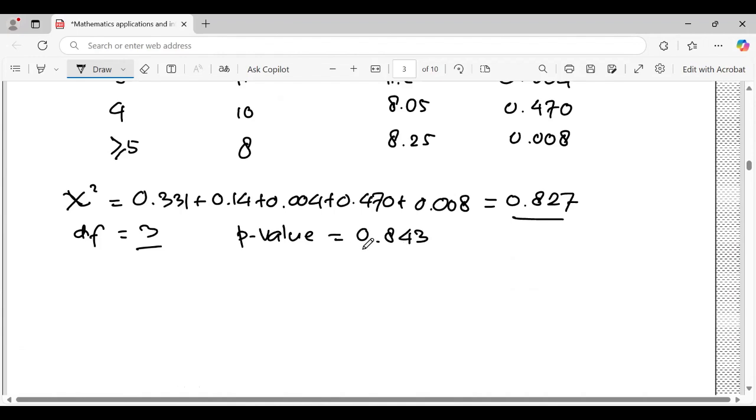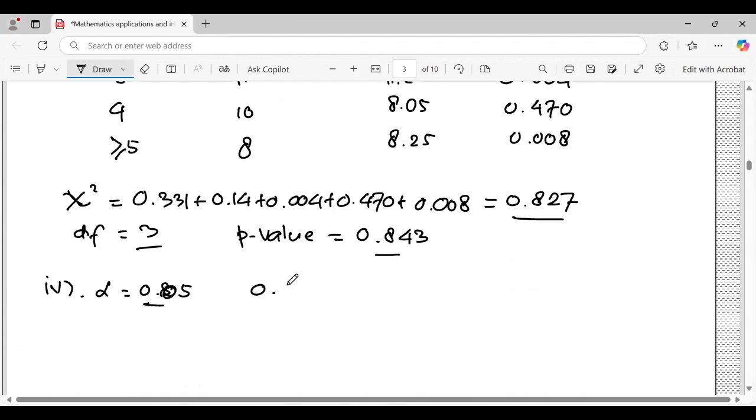You can determine it through a calculator or through a chi-squared distribution table. Now compare the p-value with the significance level, 0.05.